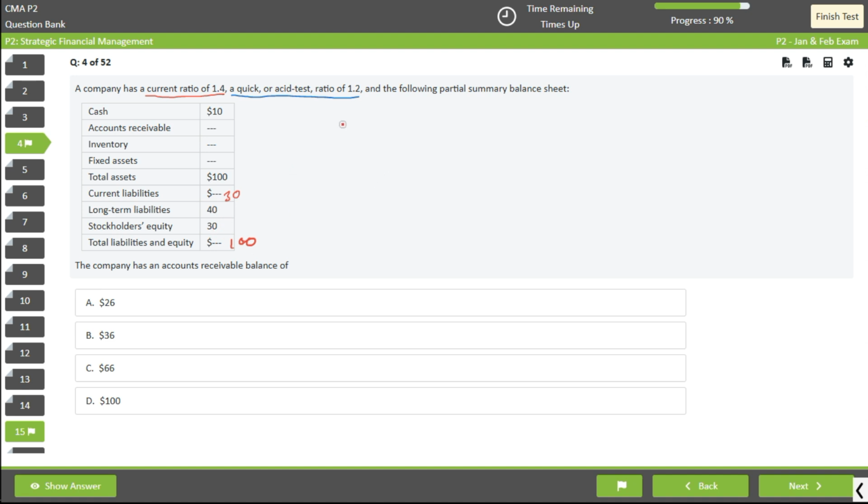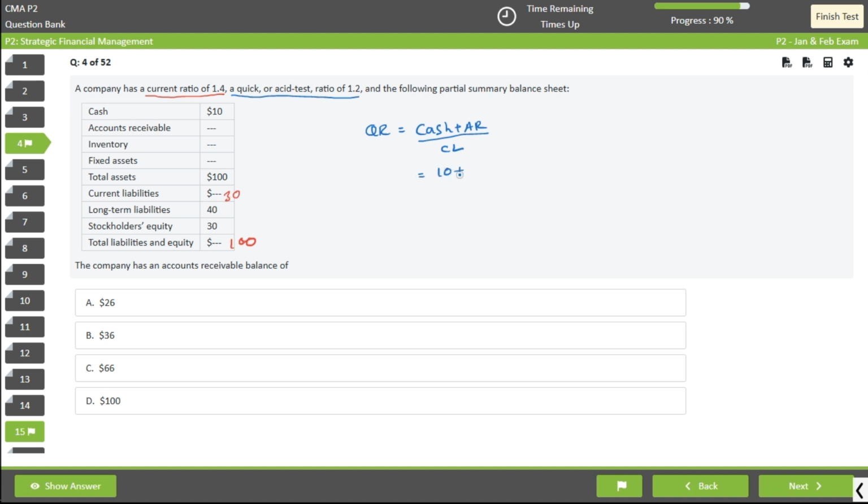Now let us find, by using the acid test ratio, the accounts receivable. So quick ratio is equal to cash plus AR by current liabilities.